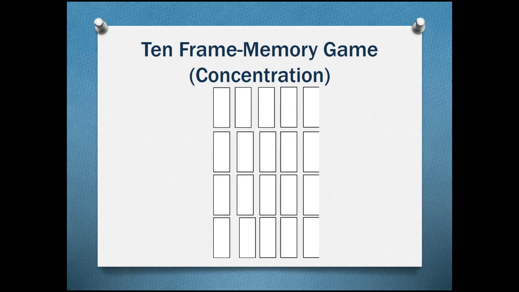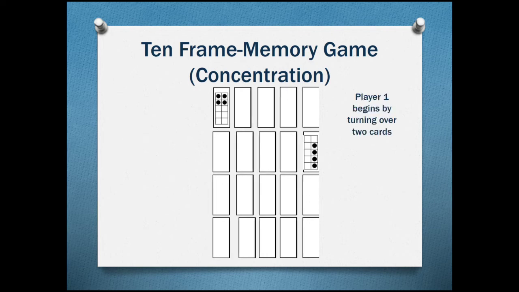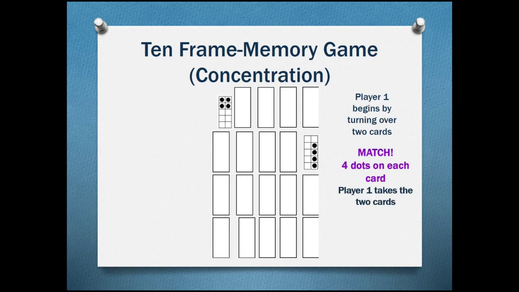The first player turns over 2 cards. In this case, oh look, the player picked up a 4 and a 4. Therefore, the player has a match. You'll notice the cards match if they have the same quantity.